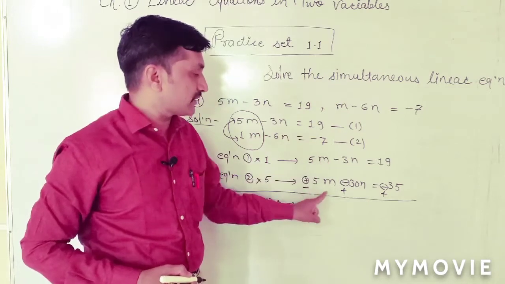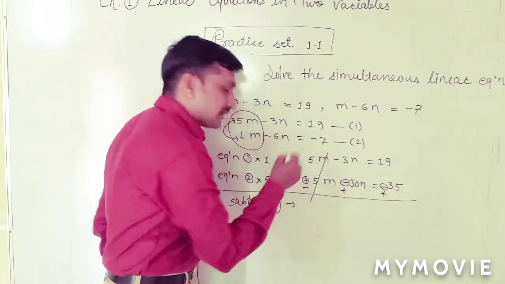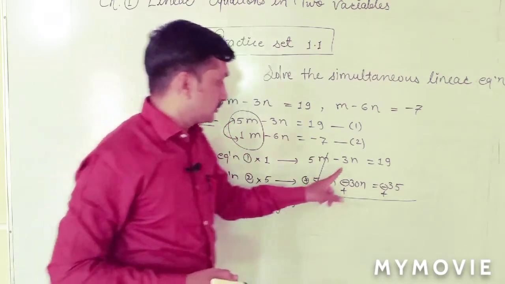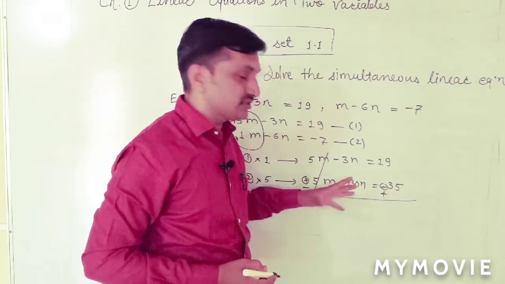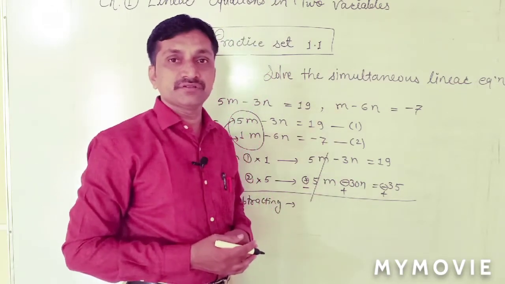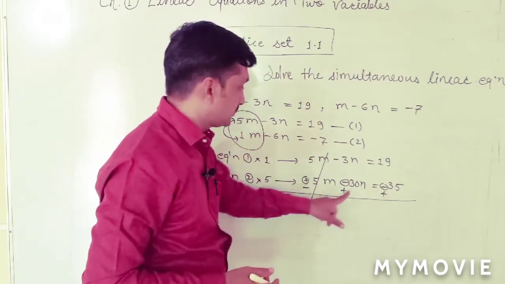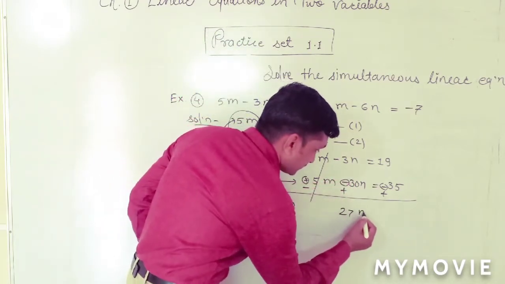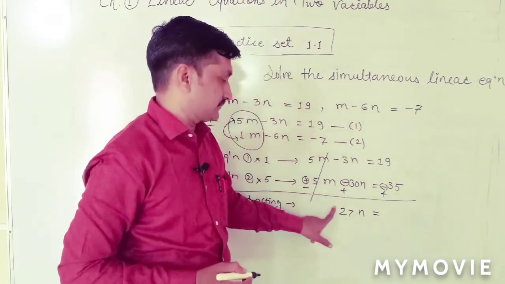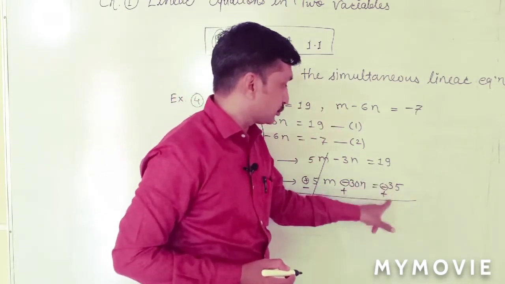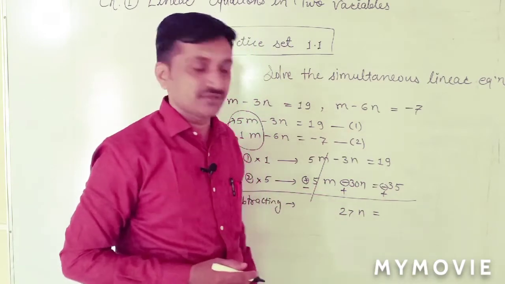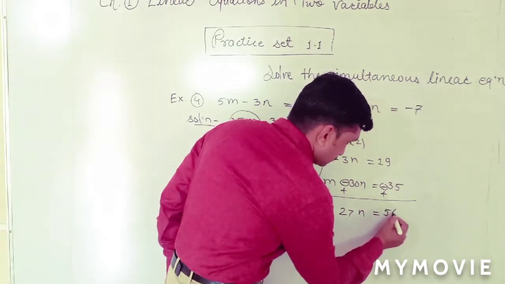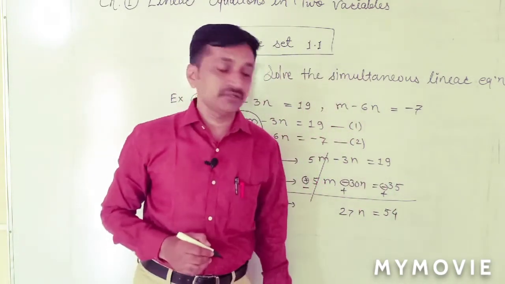Now 5m minus 5m will cancel and its value is 0. Now here you see minus and plus means different signs. If there are different signs, subtract them and give the higher value's sign. 30n minus 3n is 27n, higher value sign plus, is equal to, here both signs are same, so add them, 40 plus 14 is 54. 27n is equal to 54.